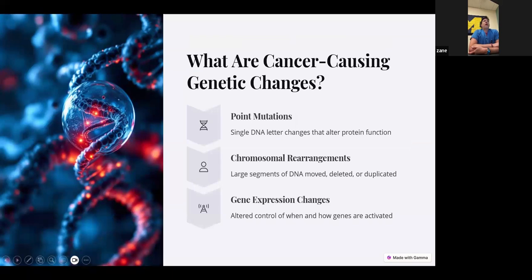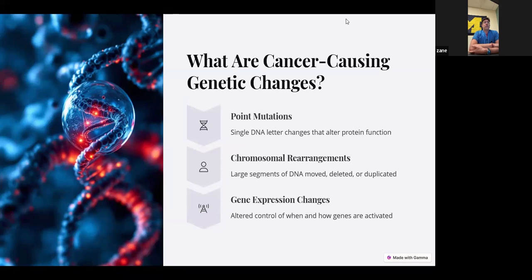So really, how do we explain the different types of cancer causing genetic changes? There's three main categories, and I won't get so scientific, but there's something called point mutations, which, if you remember your DNA lectures, if there is a mistake in the DNA repairing, then you're going to have a mutation, which will then cause an abnormal protein to form, and that will hence increase the risk of a cancer.